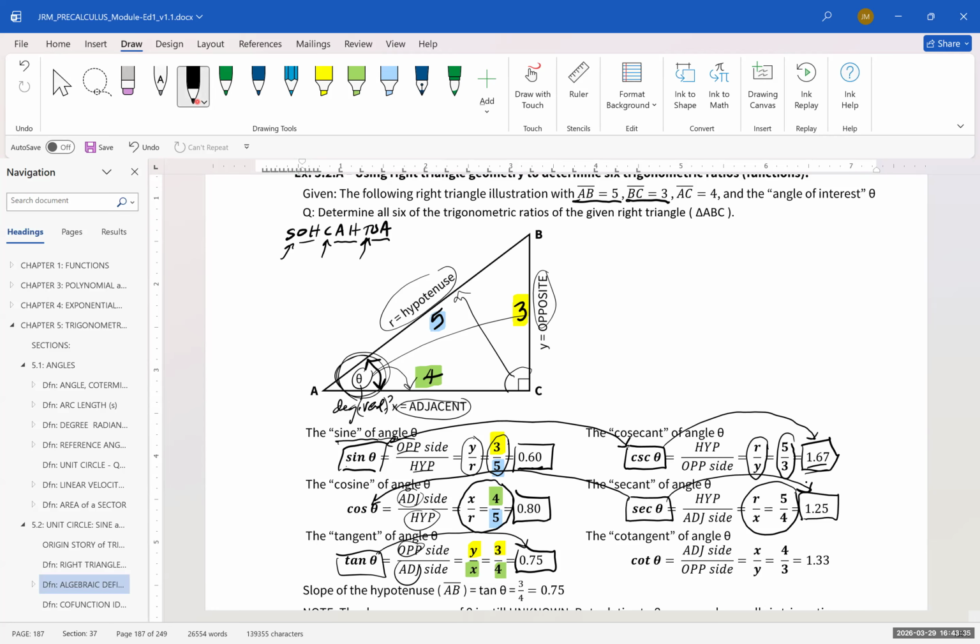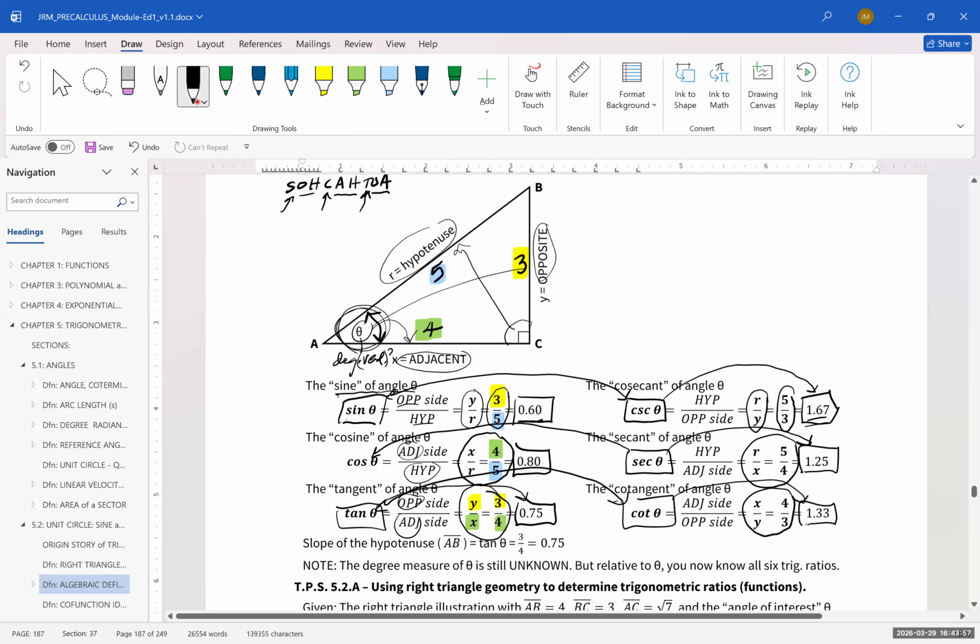So the secant is 1.25. And cotangent is the reciprocal of tangent, so you flip the numerator and denominator, and 4/3 is 1.33. So the cotangent of our angle of interest is 1.33.